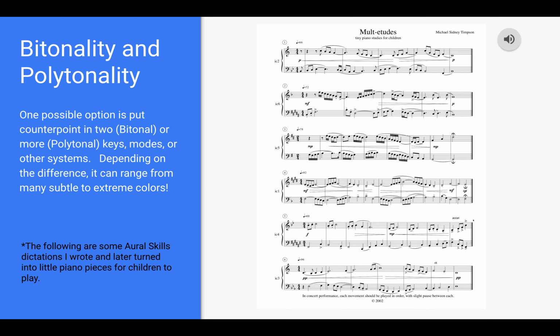F and E. F sharp and B flat are next. E flat and C.